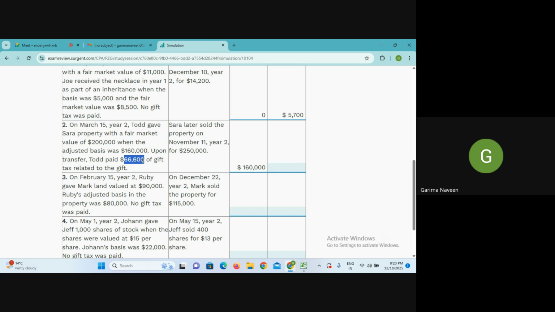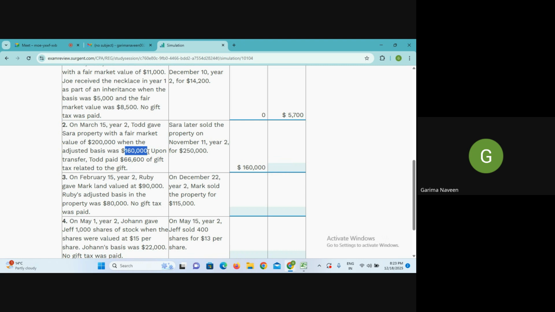So you will get the proportion of these taxes: 13,320. This will be added to the carryover basis, meaning adjusted basis, which will give Sarah's basis in this property.